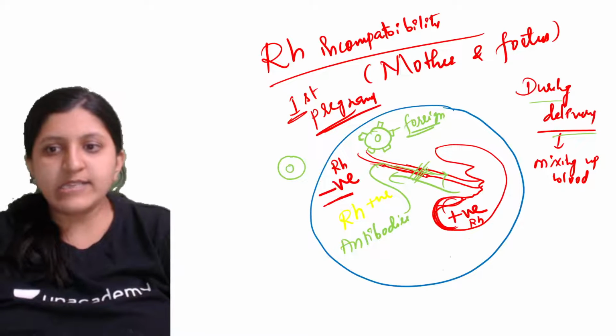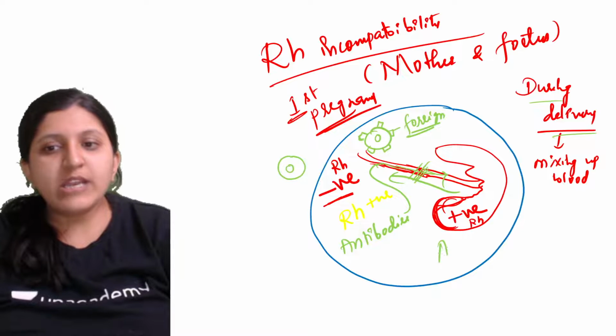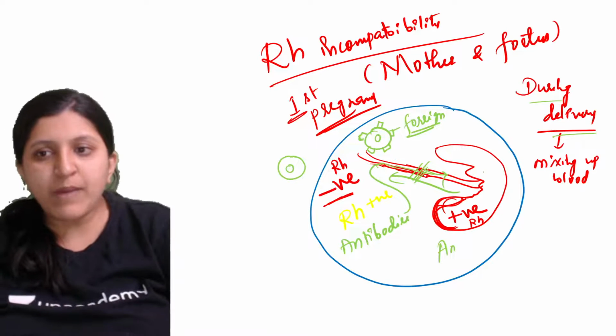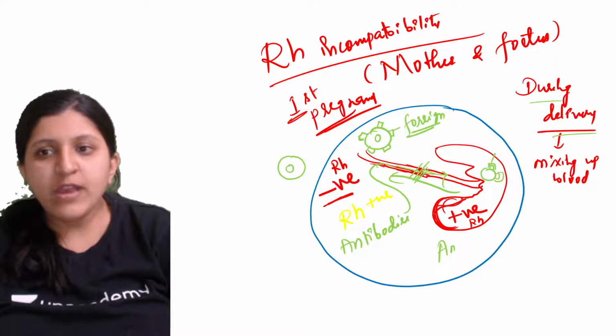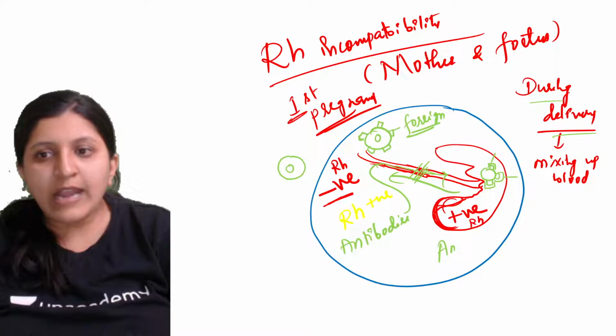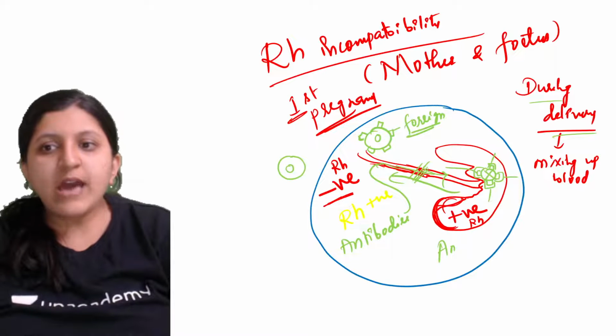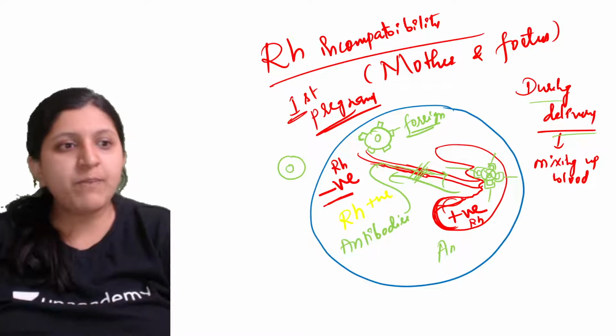So as the antibodies are passing here, there is an antigen and antibody reaction which we can see. When the antigen and the antibody reaction occurs, it will cause destruction of RBC. If this RBC is destroyed, what can happen?